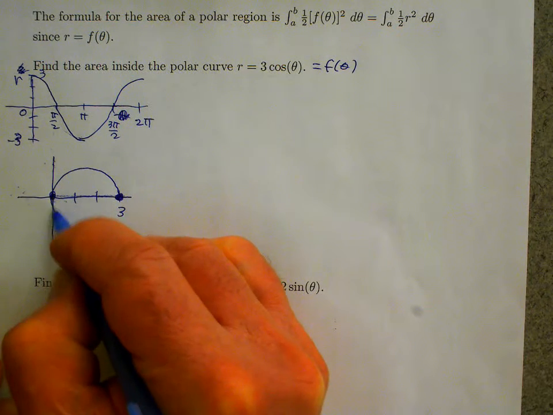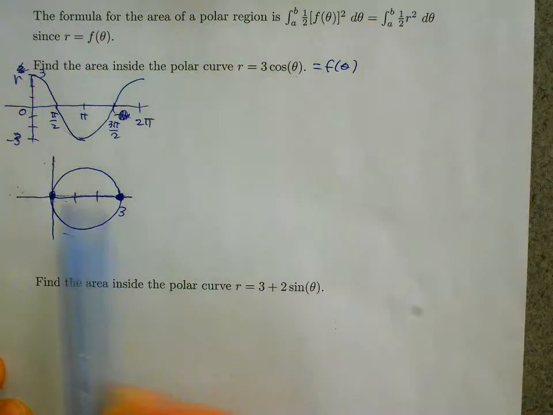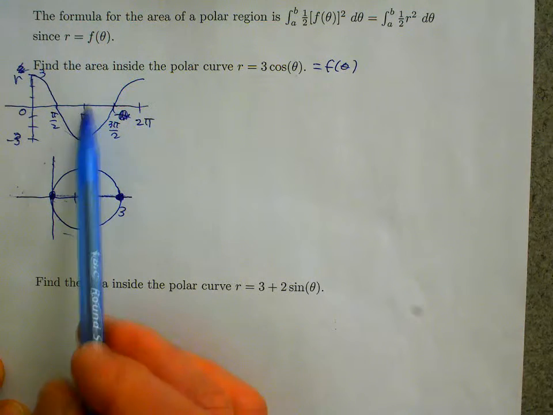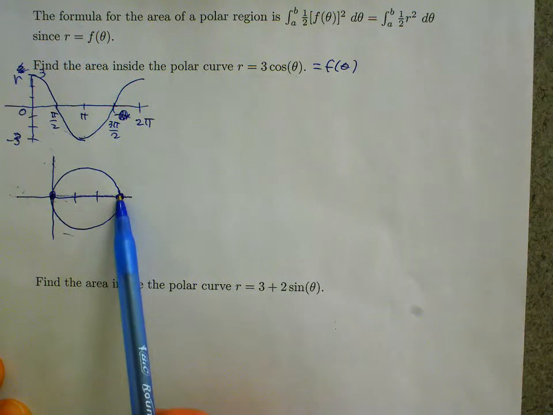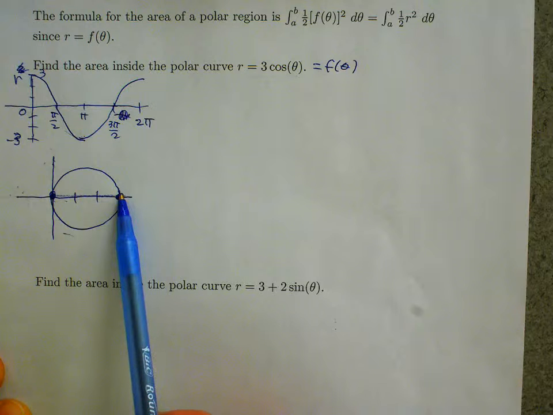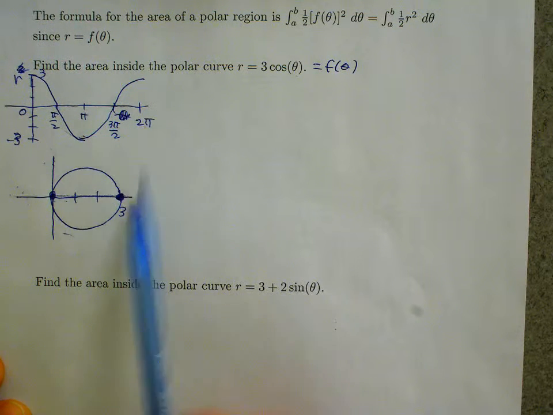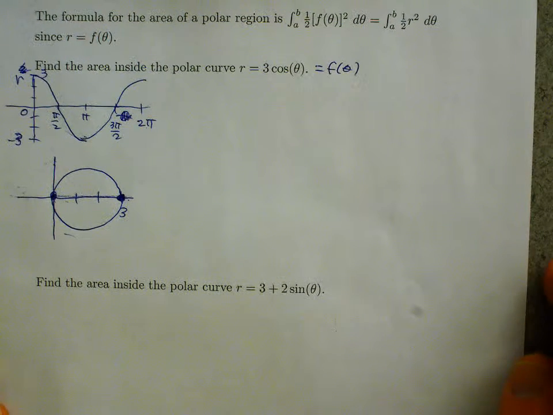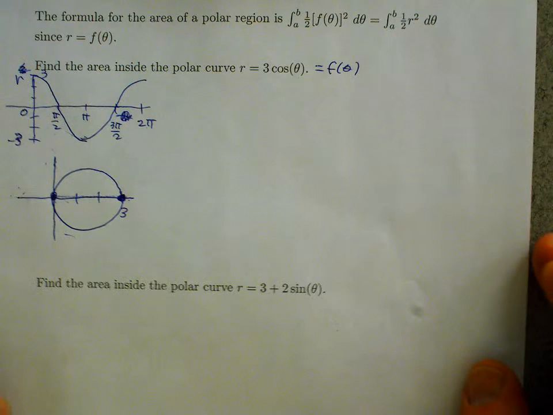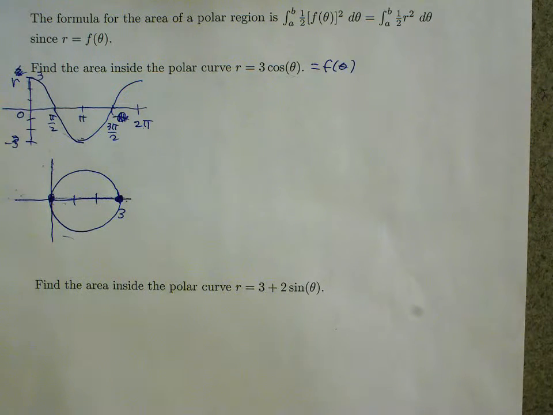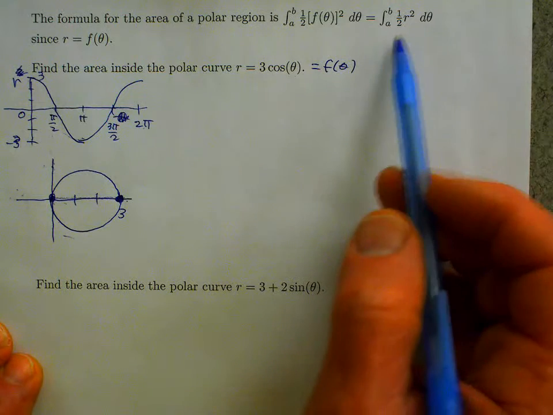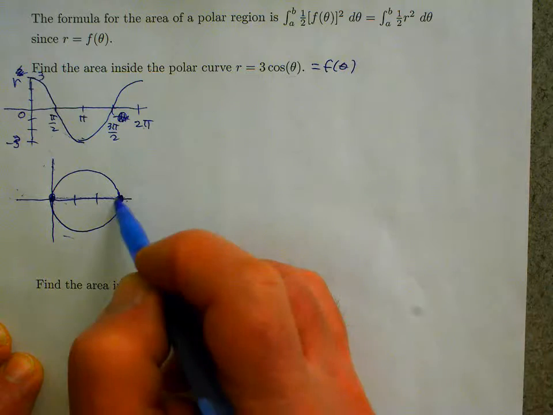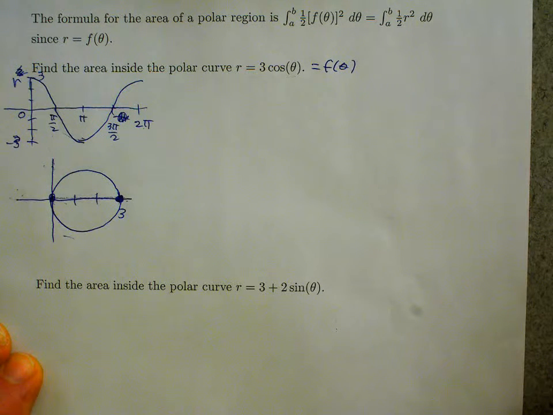So we'll get the other half circle. So when we're at pi, that's here, but the r value is negative 3, so the point is plotted 3 units in the opposite direction. And then between pi and 2 pi, the circle is just retraced again. We only want one tracing of the circle to find the area inside that circle. So our limits of integration are going to be from 0 to pi, because we traced out the circle from 0 to pi. You see what I mean?